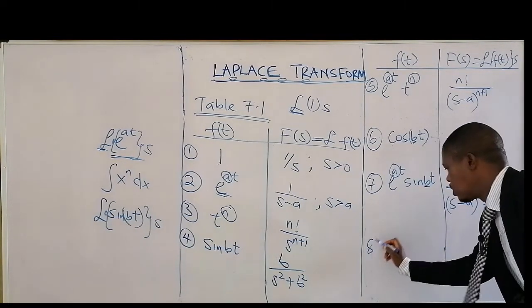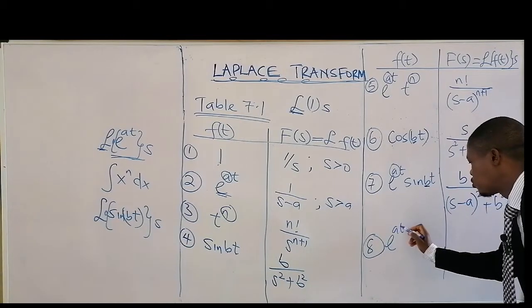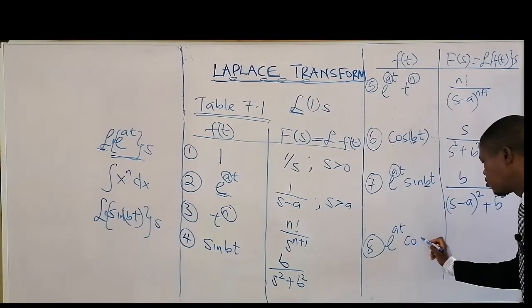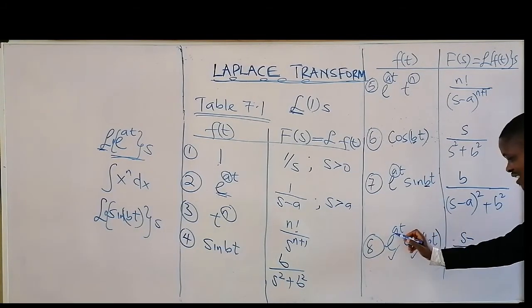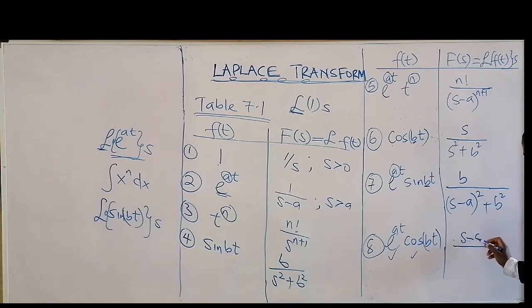And then the last one will be Laplace of exponential to power at and then cos bt. It's going to be s minus the attachment to your t, which is a, over the same thing at the denominator: s minus a, squared, plus b squared.